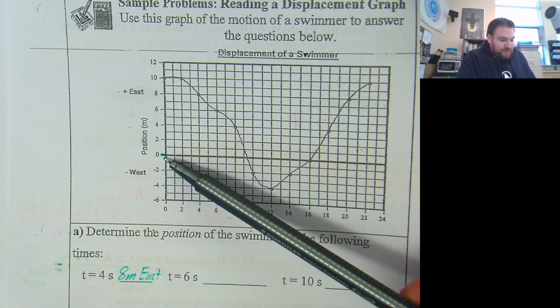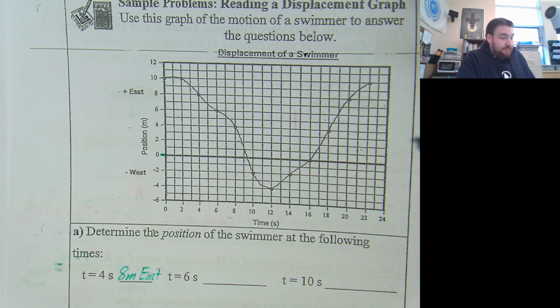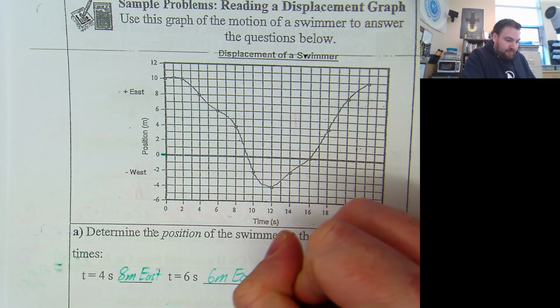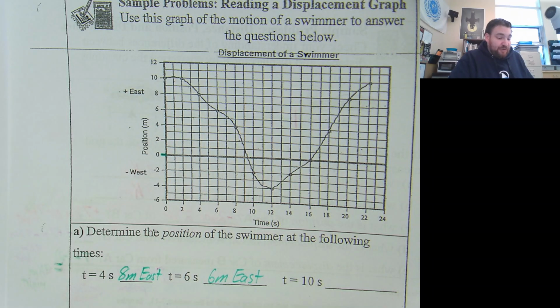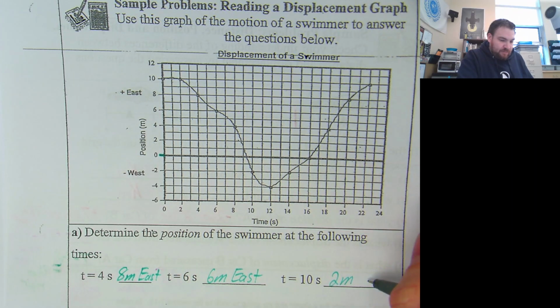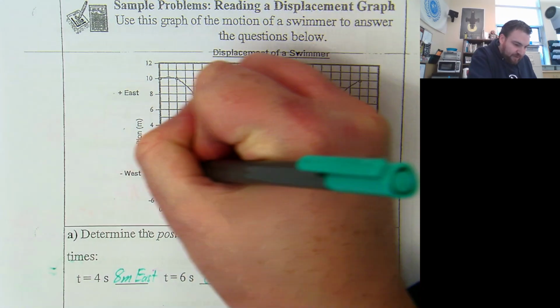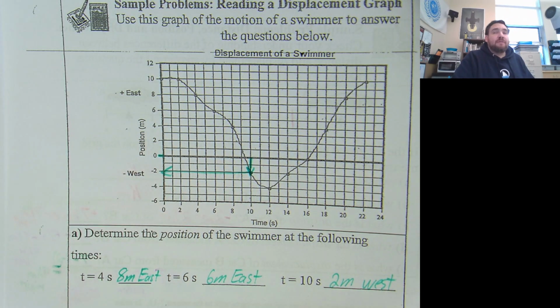At 6 seconds, the swimmer is where? Six meters east. At 10 seconds, the swimmer is where? 2 meters west. Good. At 10 seconds, we go down to the line, and then we go over to our axes. At 12 seconds, our swimmer is where? 4 meters west.